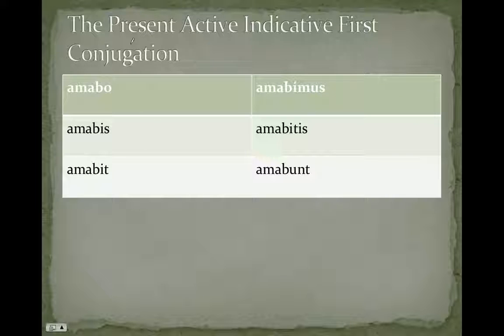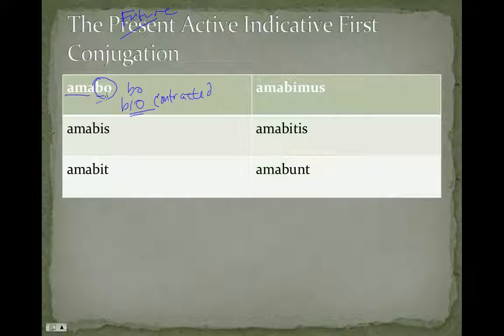So, and again, typo there, the future active indicative first conjugation, amabo. Oh, there's our first exception. So that BI and the O have contracted to just become BO.